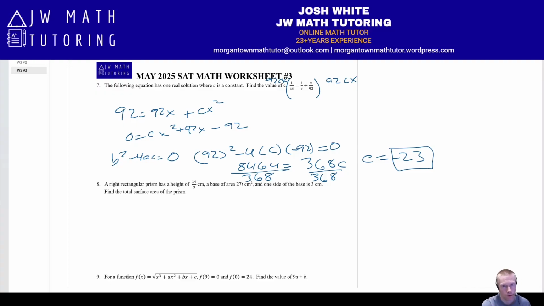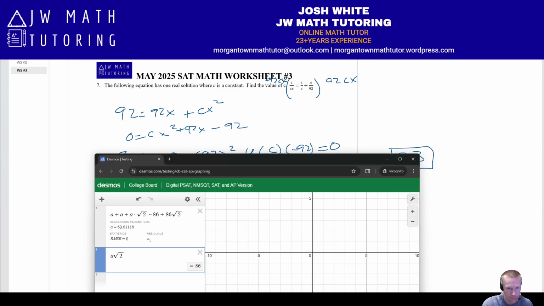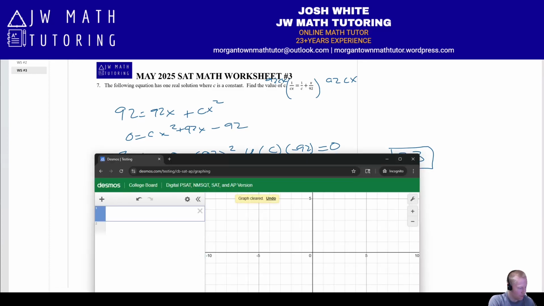Now, an alternate approach you could take as well is once you do the multiplication and you get the quadratic, just go to Desmos and use a slider. Basically what you're looking for is exactly one real solution.